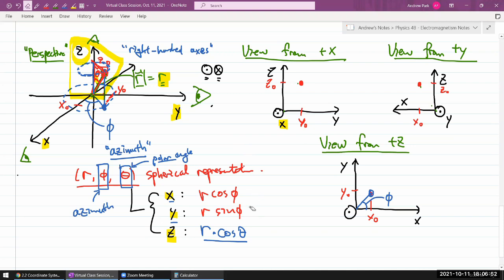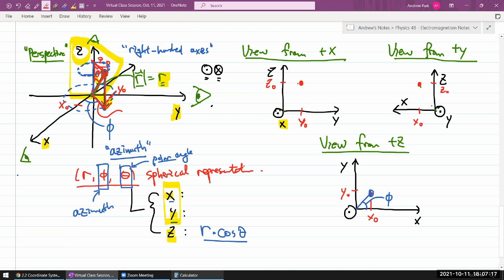The thing to make sure that you think through is that before we start addressing x and y components, we first have to take the projection of the point onto the xy plane. And in this act of taking projection, this side here is not r.